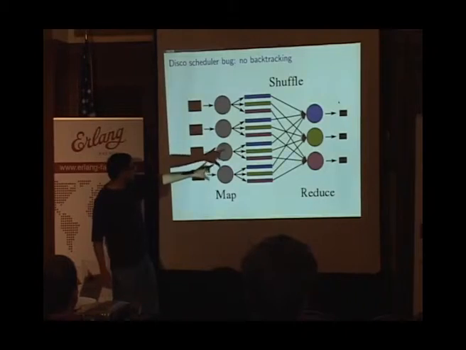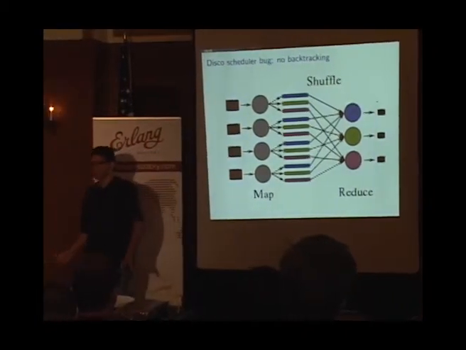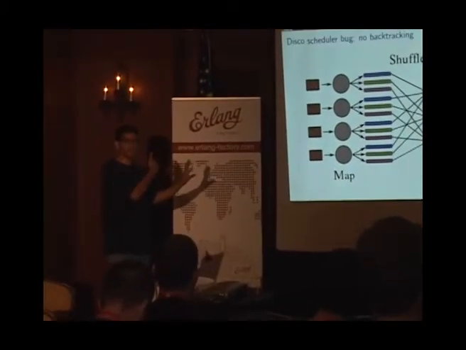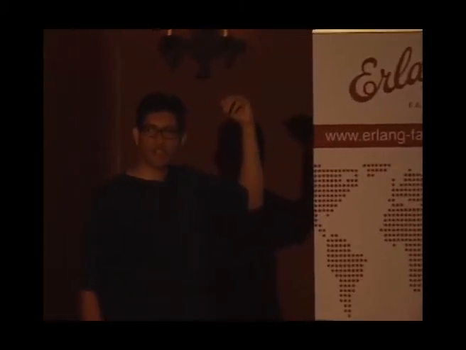What Disco cannot do right now is rerun that map somewhere else in the cluster. So it cannot backtrack and fix missing data earlier in the task graph. So that's a bug that motivated what I'm going to talk about.